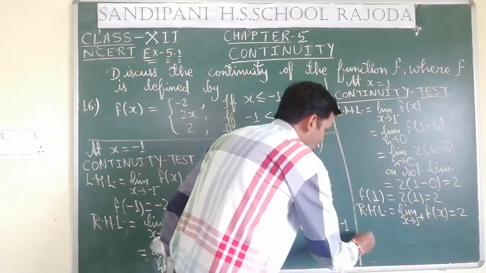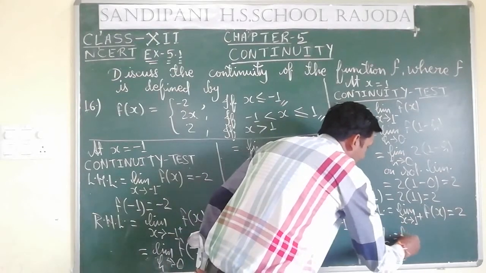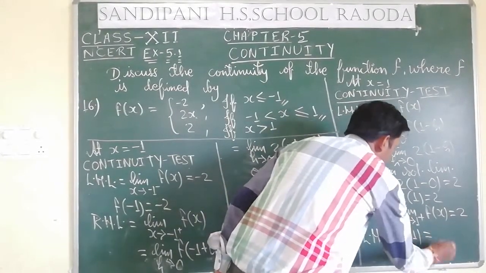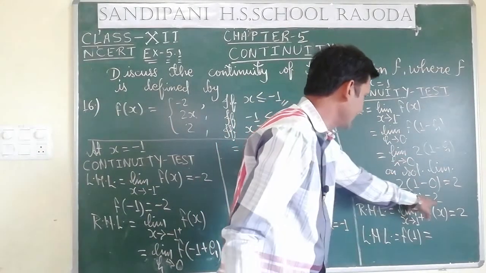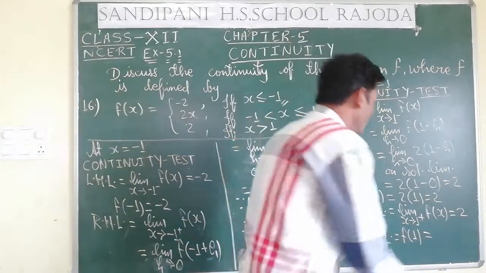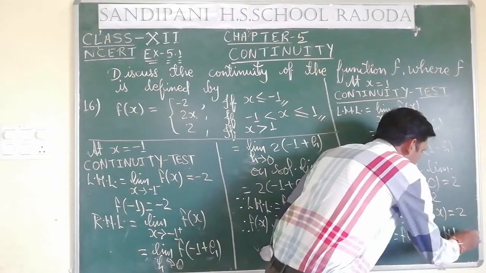So what we concluded? LHL is equal to f of 1. See, LHL, that is 2. f of 1, that is also 2. RHL, that is also 2. So LHL is equal to f of 1 is equal to RHL.